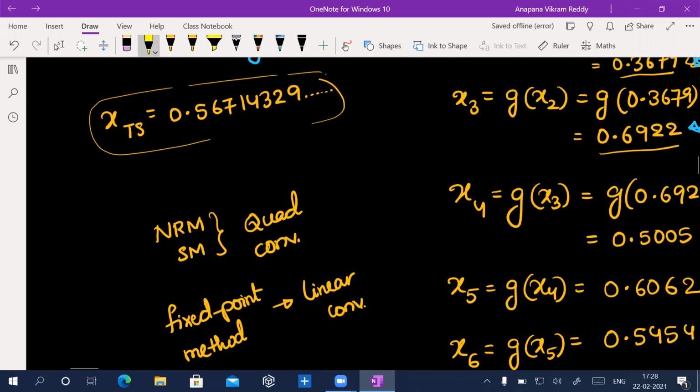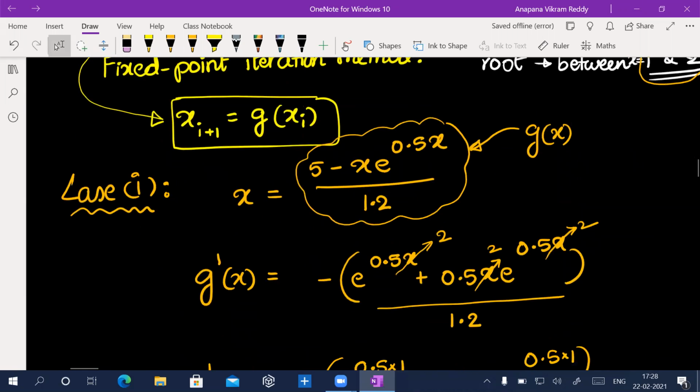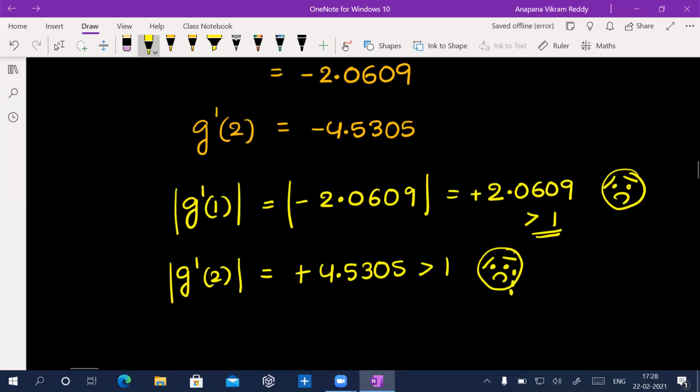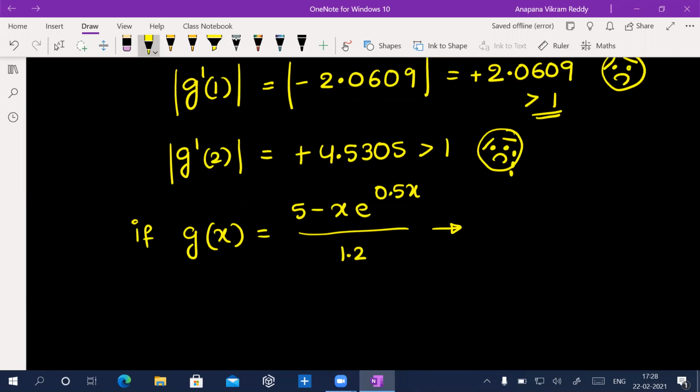Therefore, now I can say that if at all I choose g of x like this, if I choose this as my g of x, I will always diverge. Yes or not? Yes, sir. In the examination you have tried like this. So if g of x is equal to 5 minus x e power 0.5x by 1.2, this method diverges.